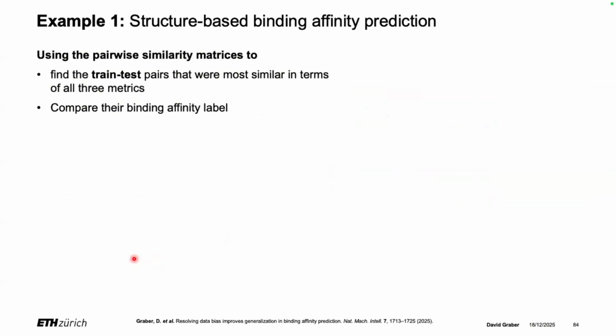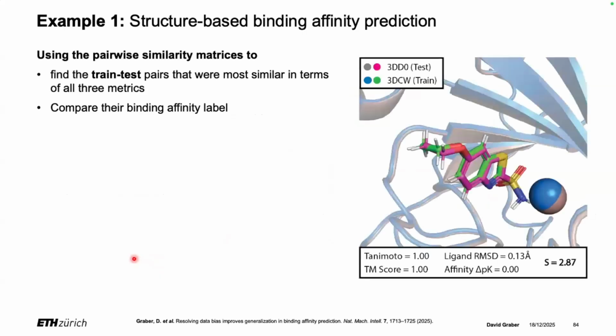And then we combined these pairwise similarity matrices to find the train-test pairs that were most similar in terms of all 3 metrics, and then also compared their binding affinity label that is used to train these models. And then we found plenty of structures like this: test complexes with the protein in gray and the ligand in red, and train complexes with the protein in blue and the ligand in green, that are basically the same.